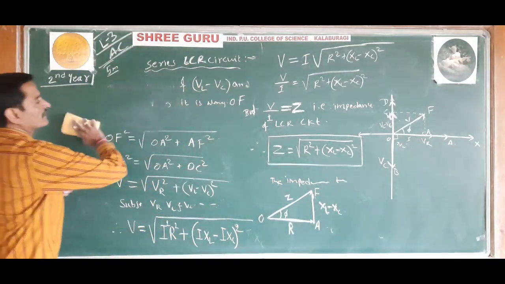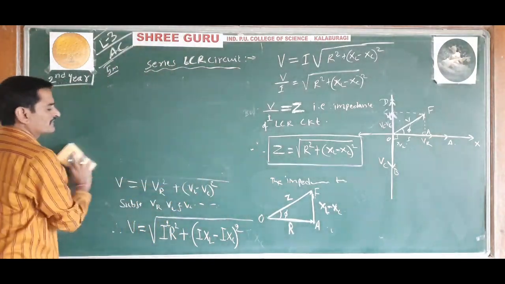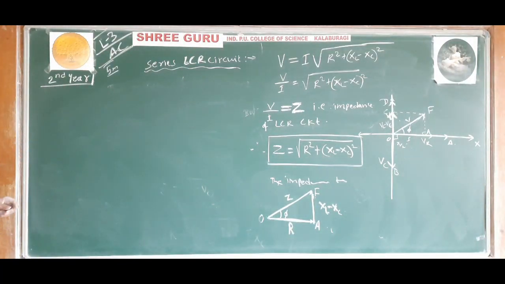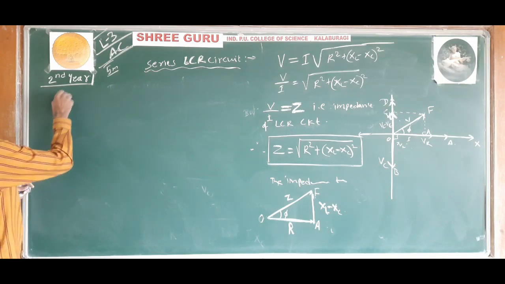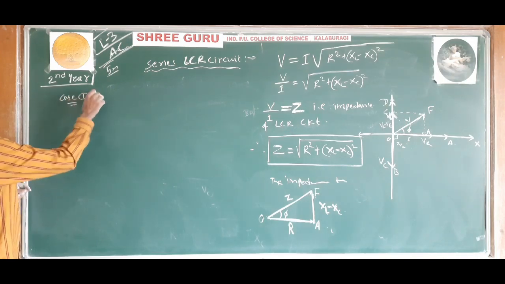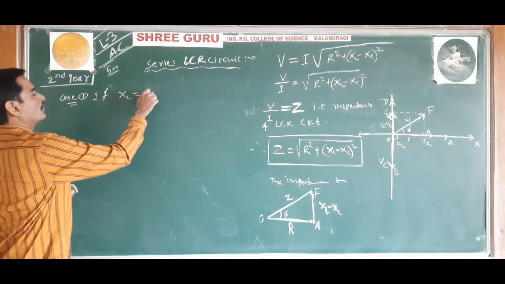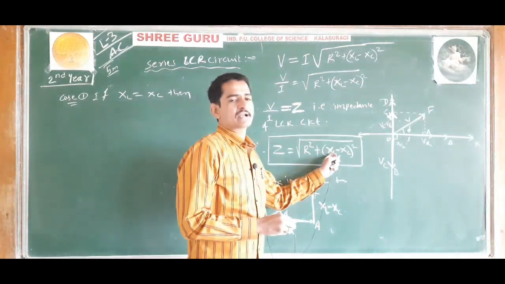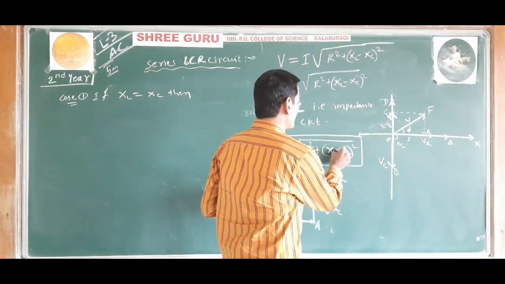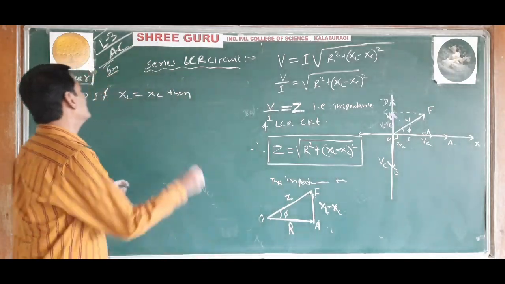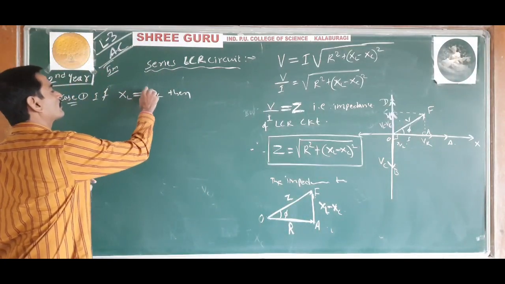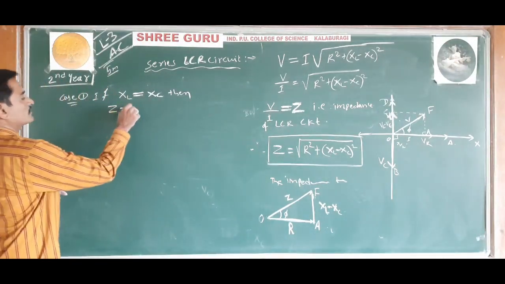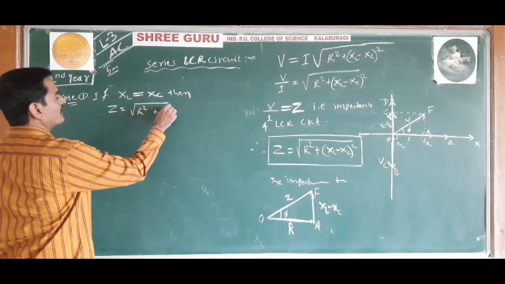Understood? And now for special cases. Now if the circuit is only RL, I will write this as case number 1. If XL is equal to XC, that is the inductive reactance is equal to the capacitive reactance, then Z is equal to under root of R square plus 0.